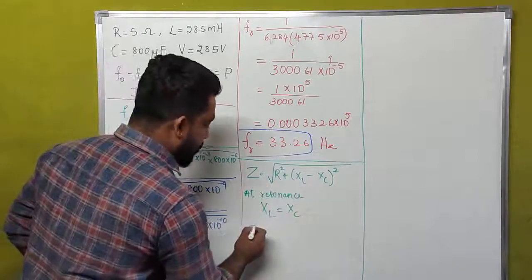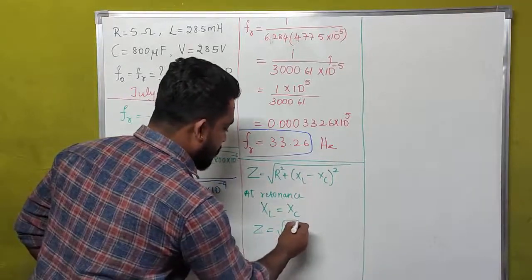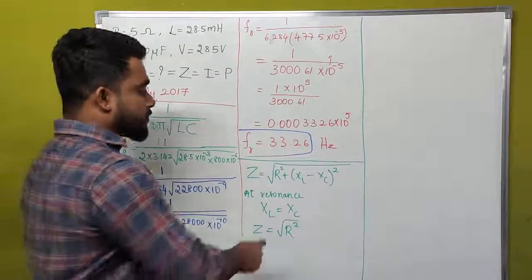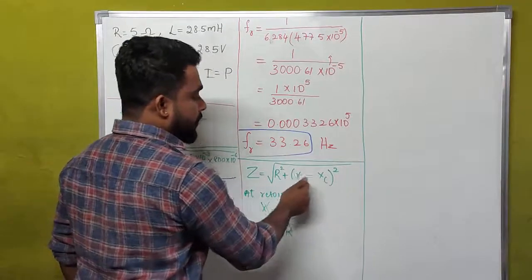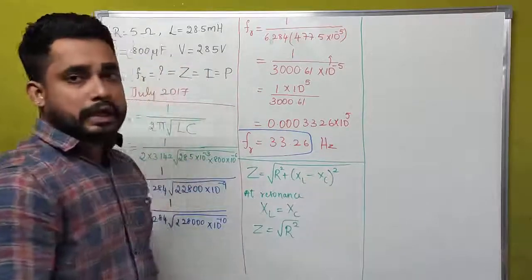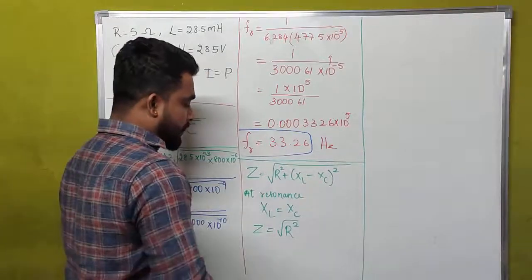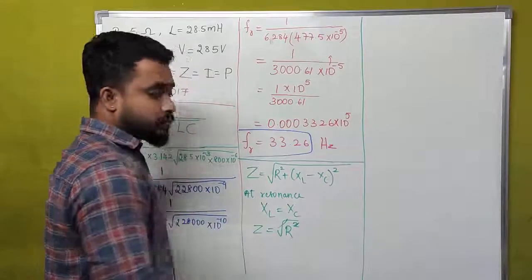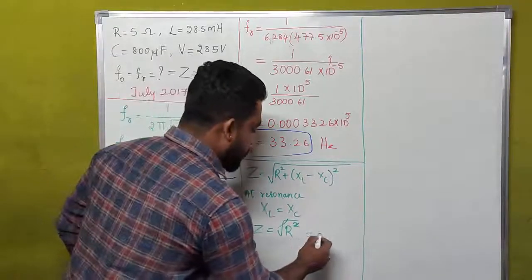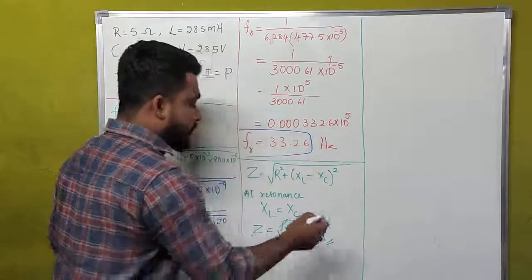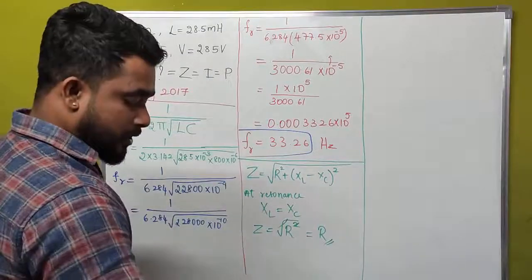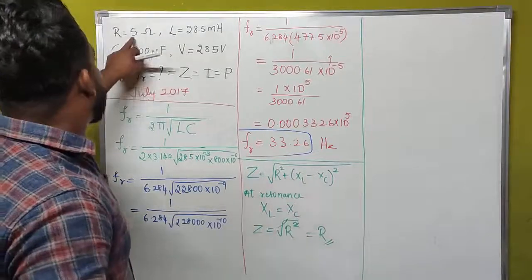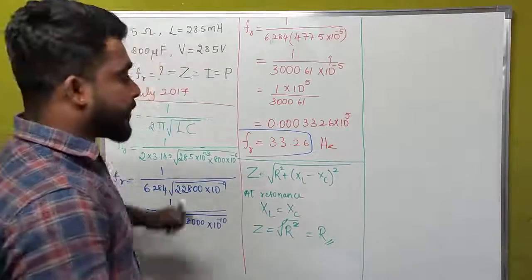What is the remaining thing? Z is equal to square root of R square, because the whole term (XL minus XC) whole square is equal to 0. Then the square root cancels with the square, and the remaining thing is R. Here we have got Z is equal to R. That means we have the value of R is equal to 5.